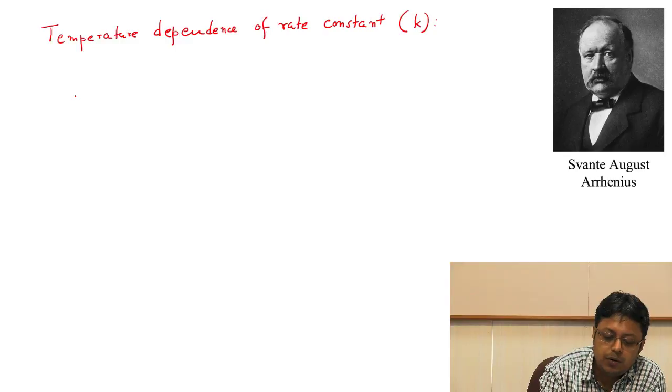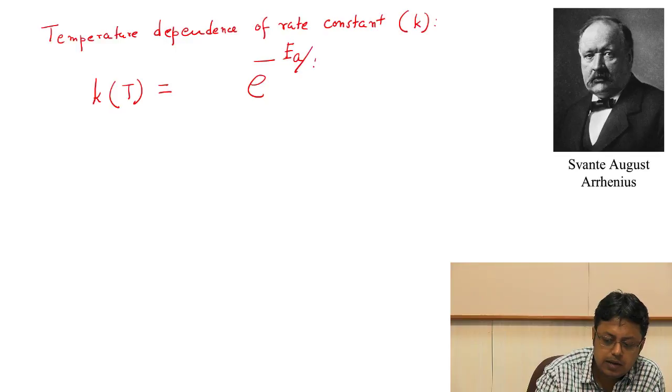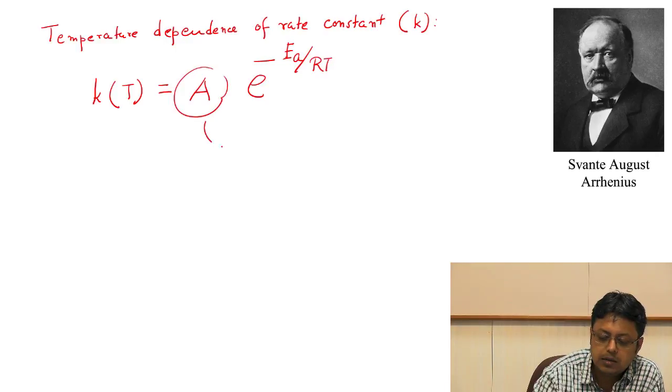But experimentally, what Arrhenius found is that the rate constant k has a very strong temperature dependence, an exponential law, which can be written as something like this, where there's a factor before the exponential which he called the pre-exponential factor, because it appears before the exponent.